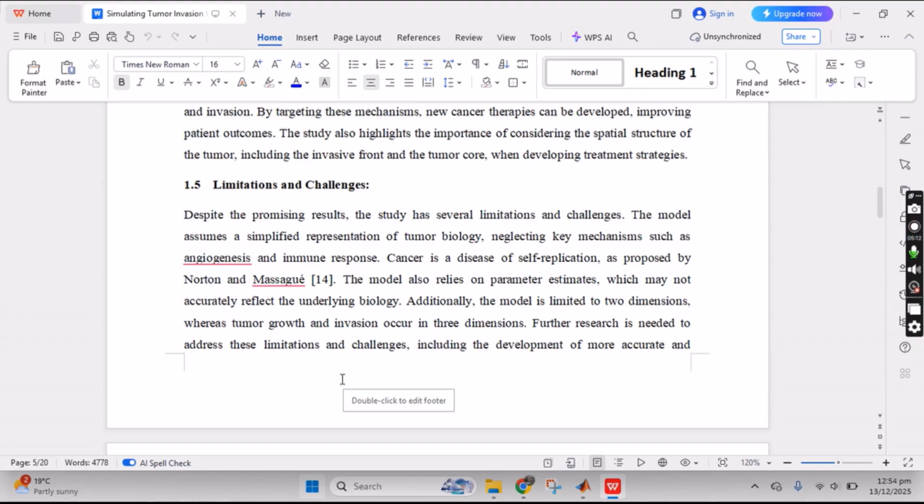So cancer is a disease of self-replication, as proposed by Michor and Norton, two scientists who modeled cancer as a disease of self-replication accordingly.